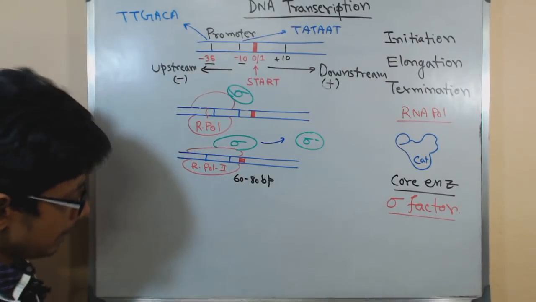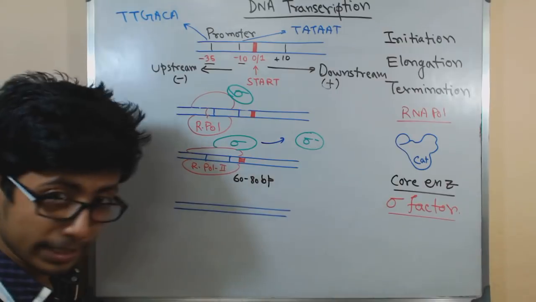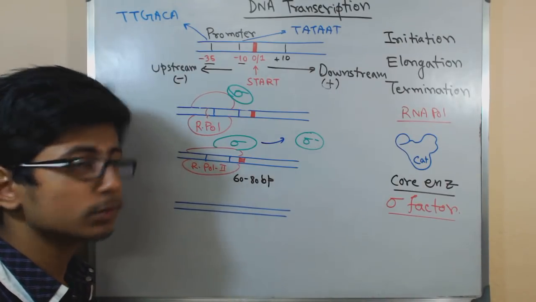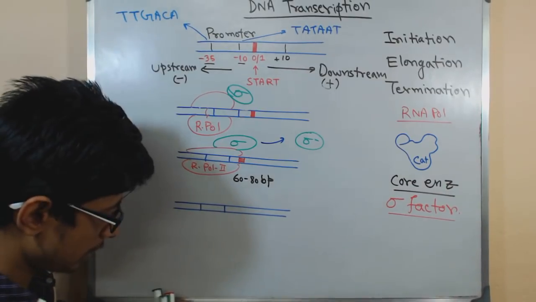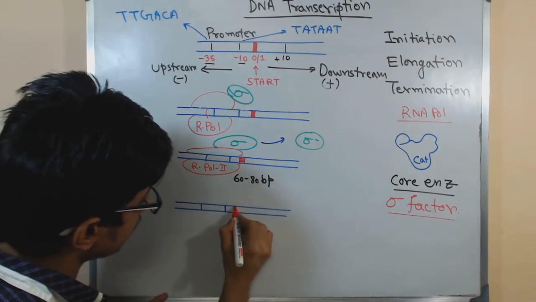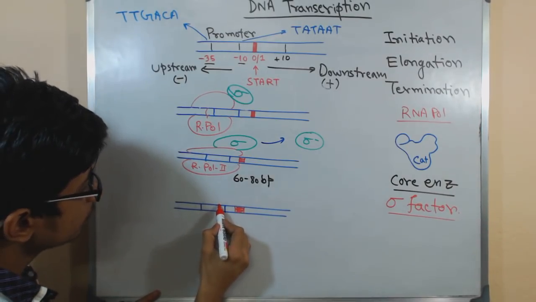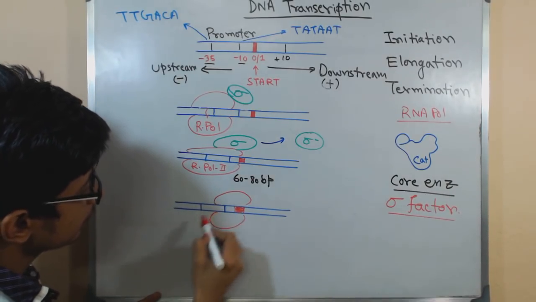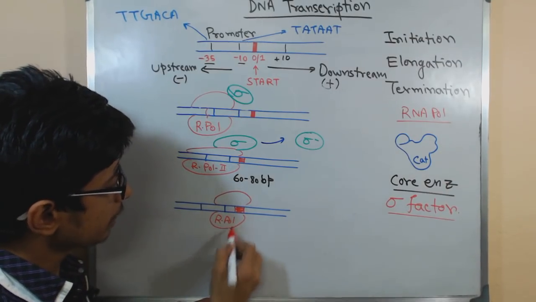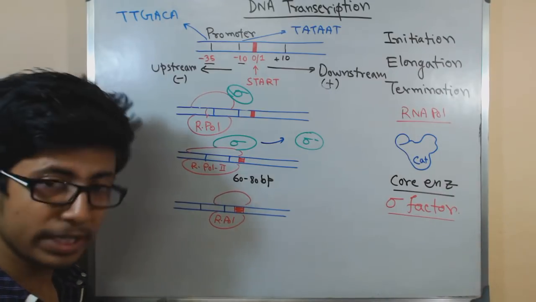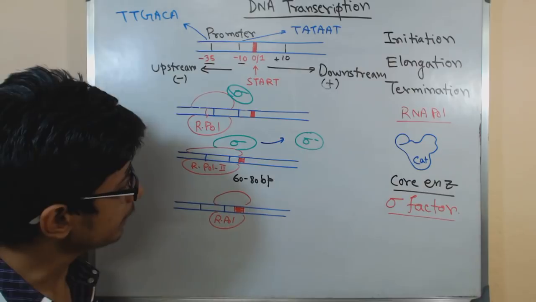the structure of RNA polymerase shifts back to the normal original form. So again, this was the promoter and the start site. RNA polymerase now shifts back to its regular structure, shrinks itself again, and the sigma factor is released outside, right?